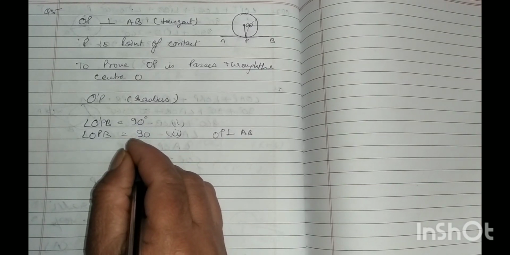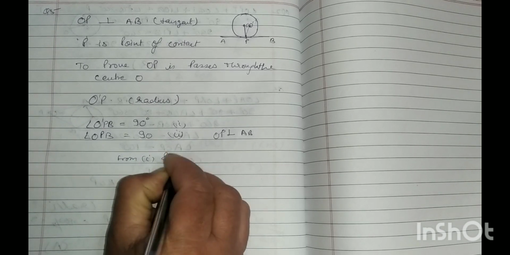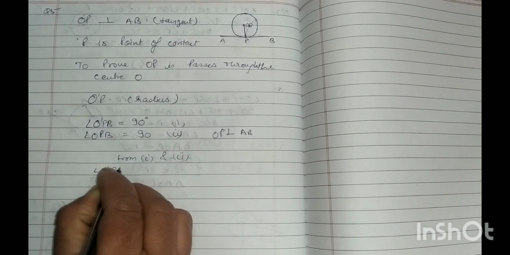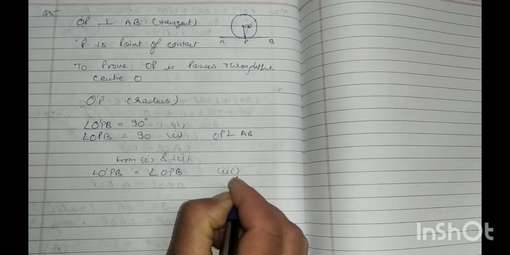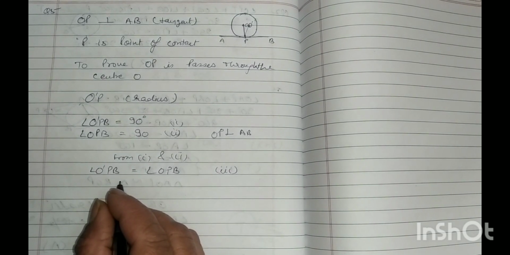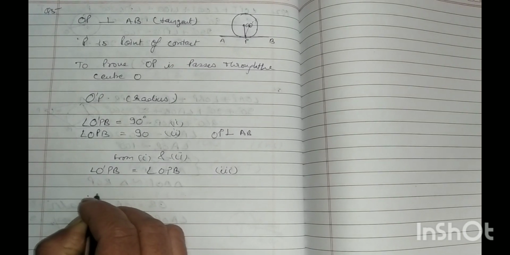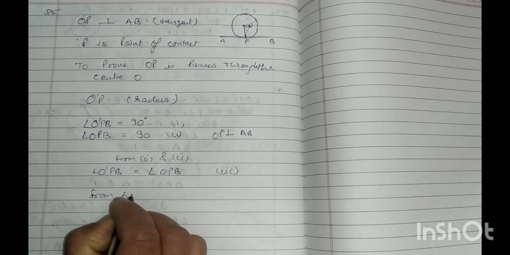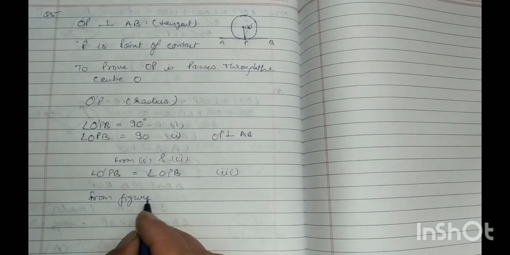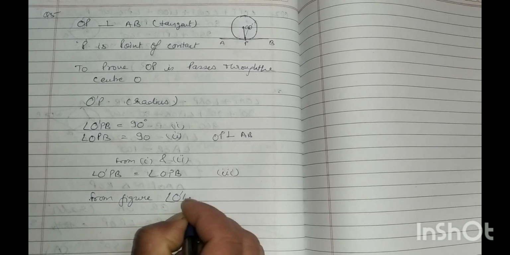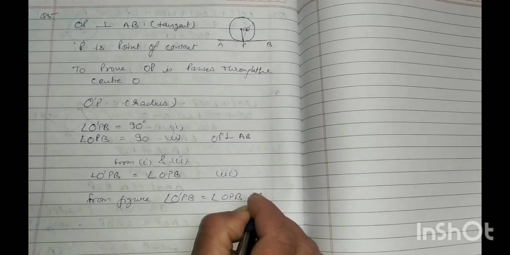From equation 1 and 2, angle O dash PB equals OPB. This is equation number 3. From the figure we can see angle O dash PB is not equal to OPB.